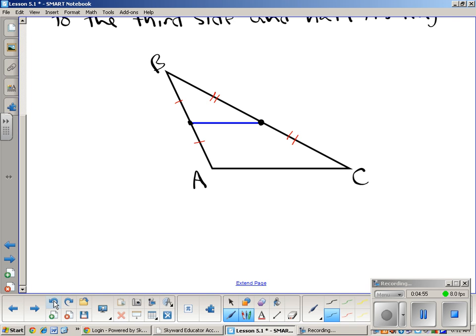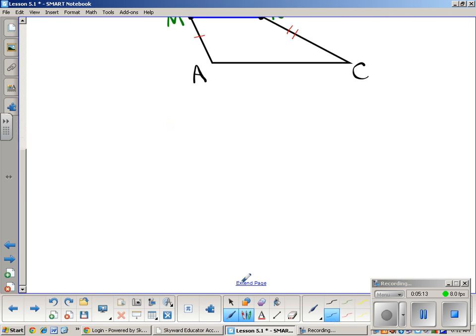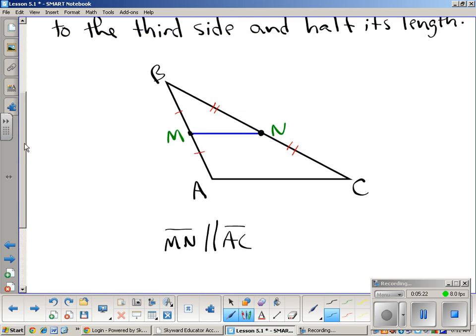This theorem says, since that's a mid-segment, let's label it MN, and we can talk about it. What can we say about MN then? Okay, so we could say that segment MN is parallel to segment AC. Okay? What if I know that MN is 12 units long?